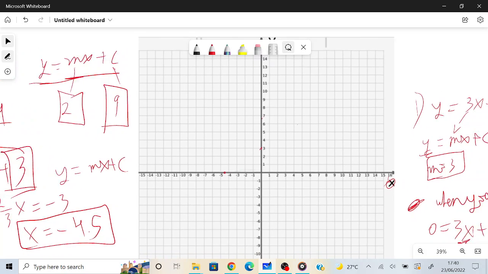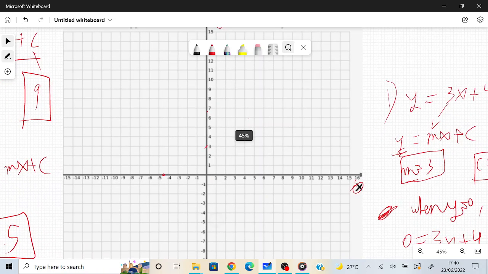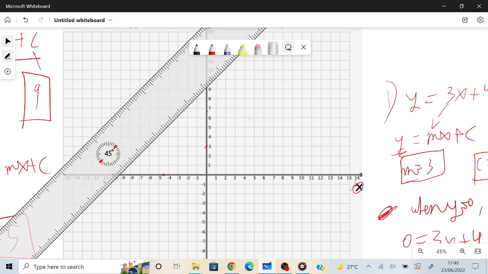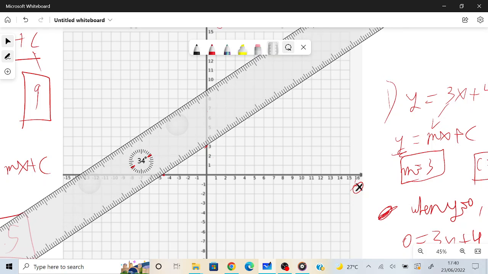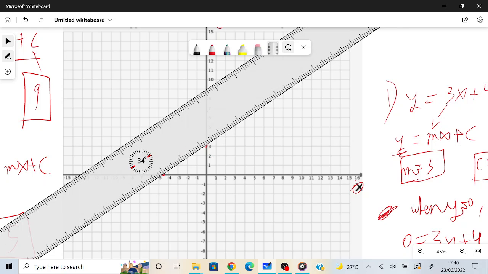Again, it is a rough estimate on this platform, but when you are doing it physically, please ensure that it's very accurate. And connecting this, it should be something like this. I have 3 and minus 4.5, connect the dots together, trace it back until the graph ends.